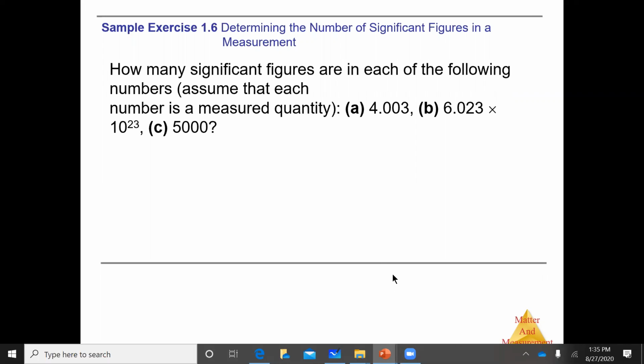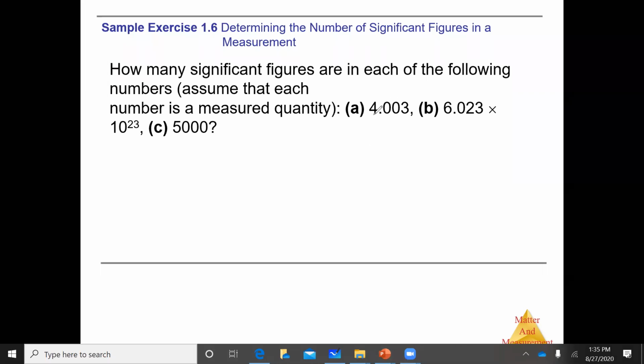All right, so looking at these, A, all of those values are significant. The 4 and the 3 are, and we fill in the center. So this thing is 4 sig figs. This second number is written in scientific notation. I'm going to write it over here, 6.023 times 10 to the 23rd.